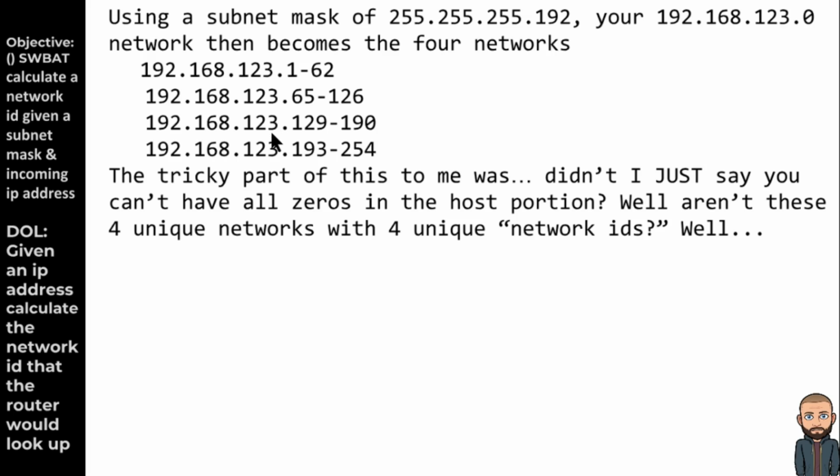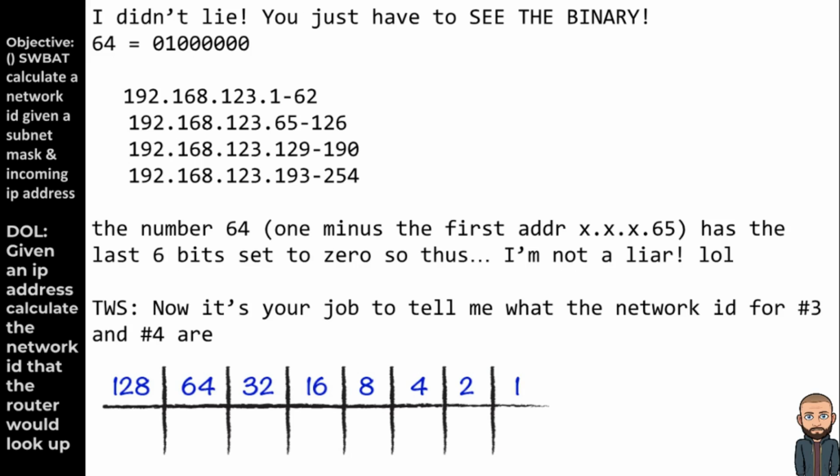It's not 0, so how can it be a network ID? Well, in order to understand this, you have to see the binary. I wasn't lying to you. Network IDs do have all zeros in the host portion of their bits. And if you can't see the binary, you would not realize that. So I hope that was a good enough explanation for you to answer this question correctly.